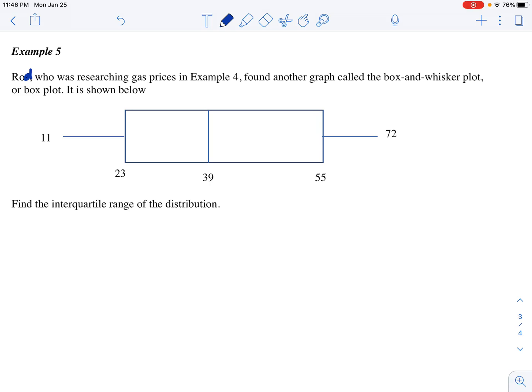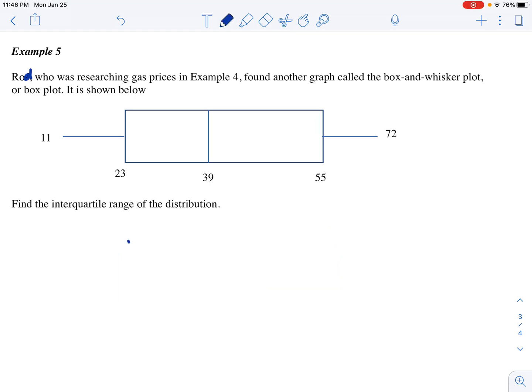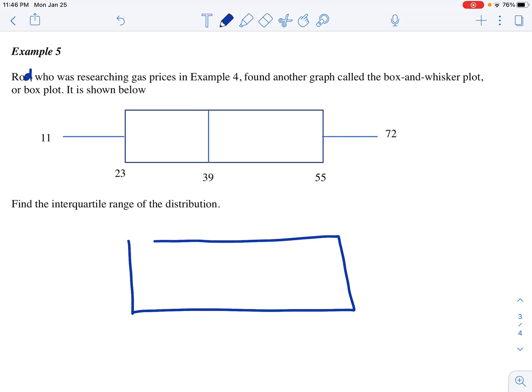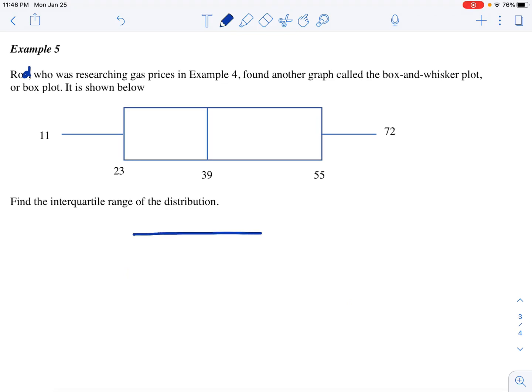So I'm going to draw another box underneath here. It kind of matches it.